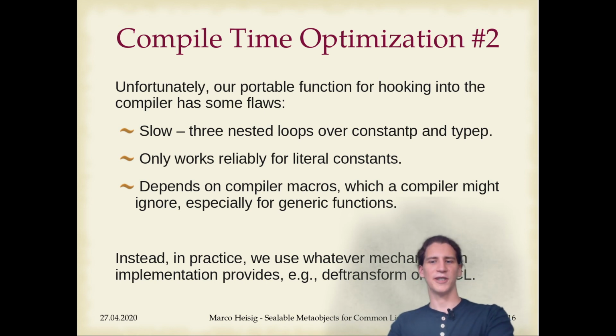Most Lisp implementations don't have a very smart implementation of constantp. And the other thing that bothers me is this version depends on compiler macros, and a compiler is allowed to ignore all its compiler macros. So this is not a reliable way to achieve what I want. So instead, in practice, we use whatever mechanism an implementation provides, for example, deftransform on SBCL.